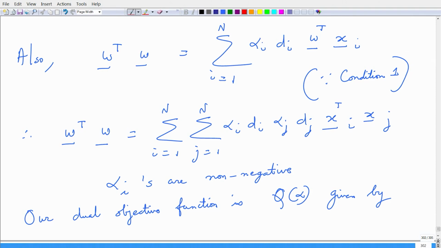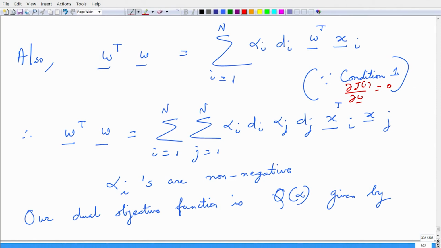So, therefore, W transpose W is this from condition 1, by computing the derivative of J with respect to W. Now, W transpose W is basically summation I equals 1 to n, summation j equals 1 to n, alpha I di alpha j dj xi transpose xj. This is straightforward. I just plug in W transpose and then I expand this out, and I have to have two different variables I and j.